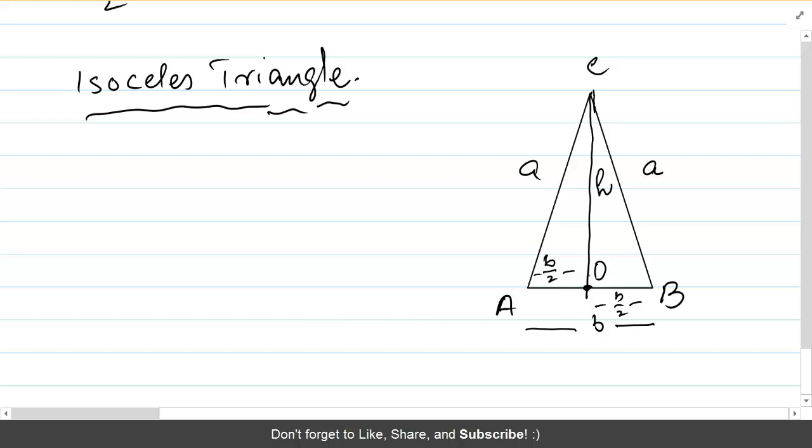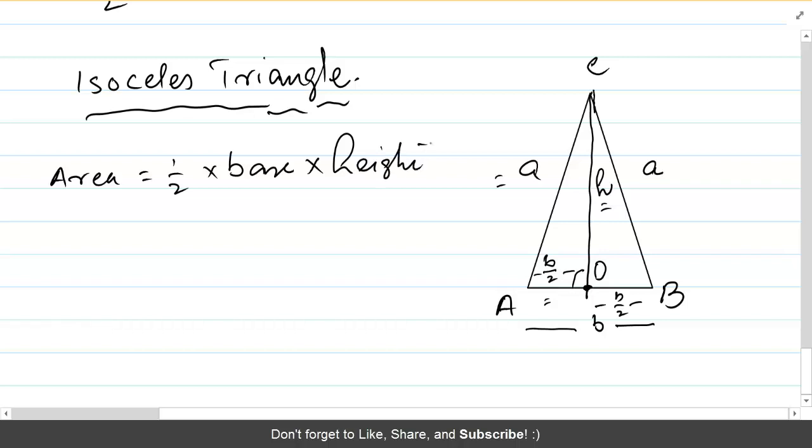And we can apply the Pythagoras theorem the same way. So this is the hypotenuse, this is the perpendicular, and this is the base. And let's apply the area, which is equal to 1 by 2 times base times height. So you see that the basic formula for area doesn't change.